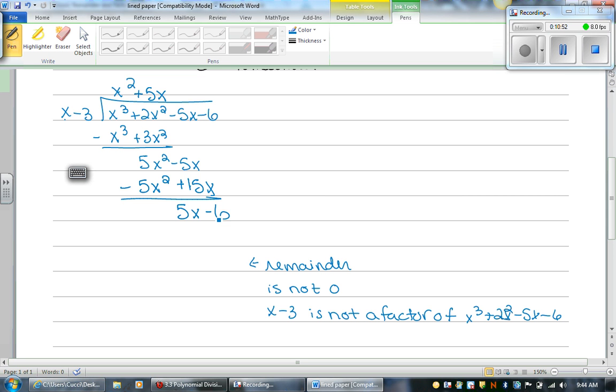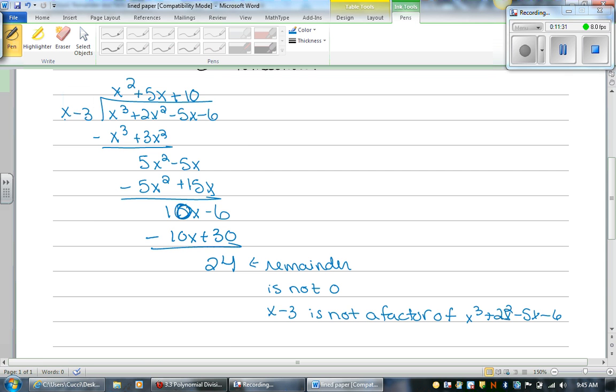Drop the 6. X to get 5x would be plus 5. We get 15 minus 5 is 10. X to make 10x would be plus 10. Distribute that through, and we get 10x minus 30, and we get 24. There it is. Okay, since the remainder is not 0, it doesn't work for us.